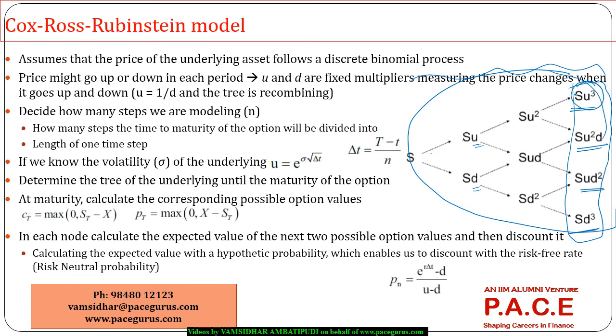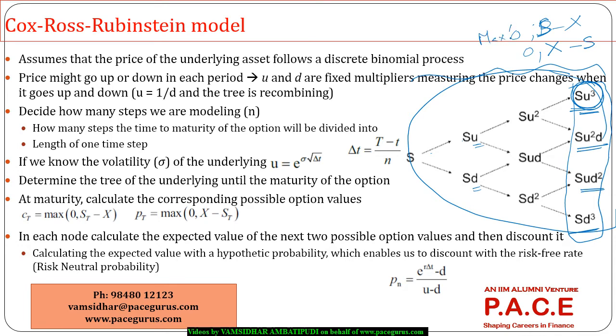Now if this is the stock price, what is the value of the option here? If it is a call option, it would be the stock price minus the strike price. If it is a put option, it is the strike price minus the stock price. And I have to compare it with 0.